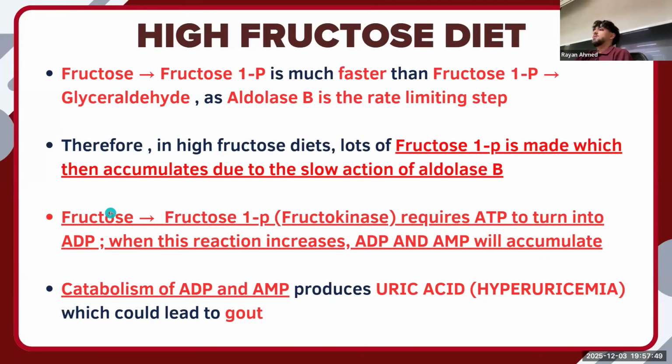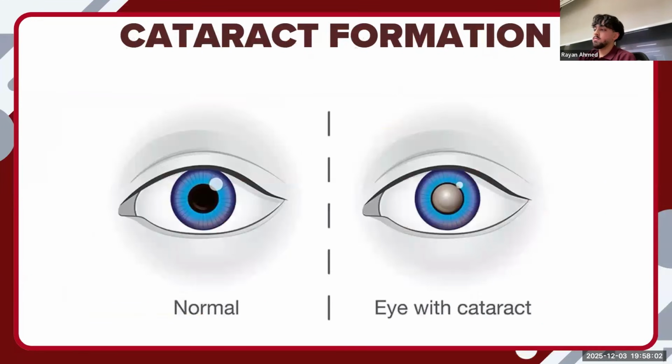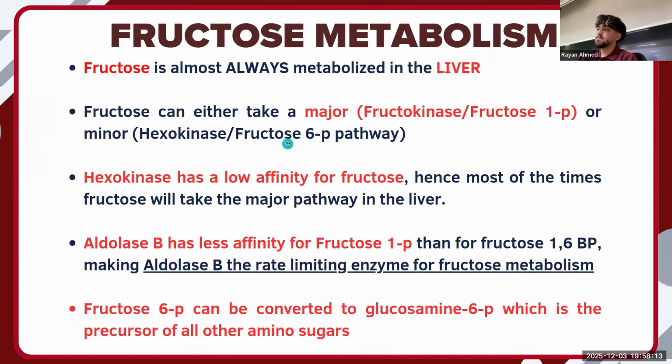Now, fructose to fructose 1-phosphate, which is done by fructokinase, requires ATP to turn into ADP. I'll show you guys again. As you guys can see, fructokinase requires ATP being turned into ADP, right?